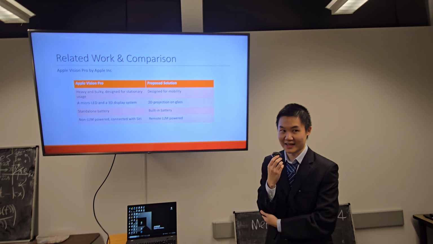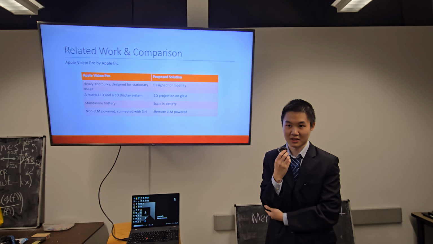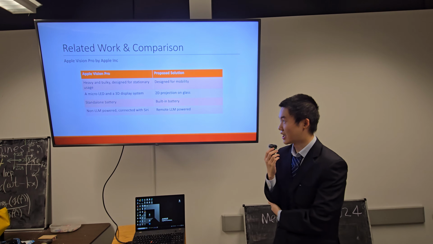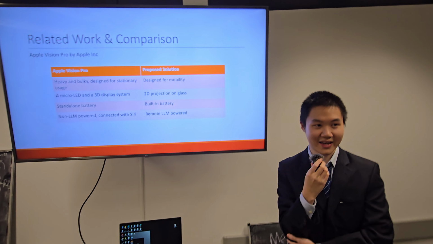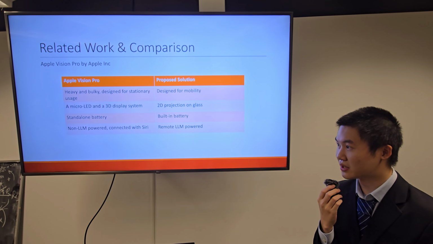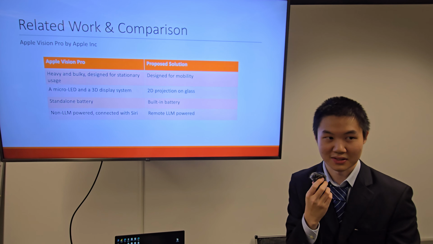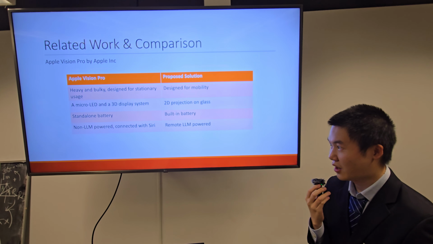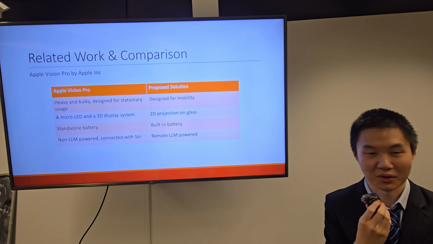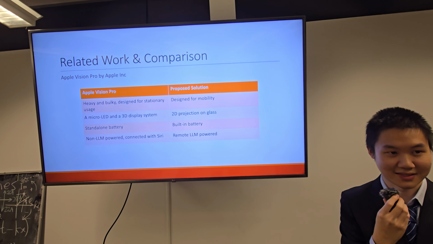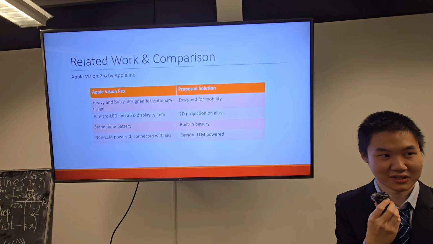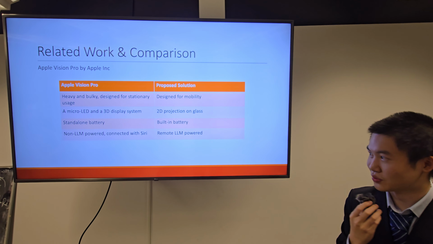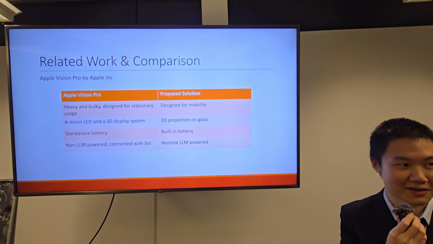It has a standalone battery connected to the lens through an external cable, and even with an external standalone battery, it can only reach around 2 hours of usage. It is also powered only by Siri, which is not an LLM assistant. There have been rumors that Siri will become LLM powered by 2026, which is a long time from now.